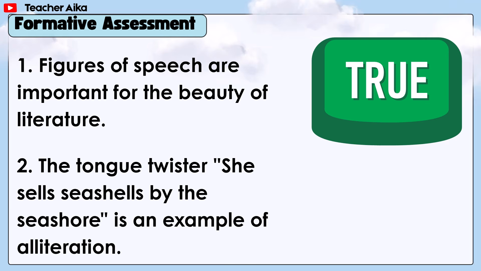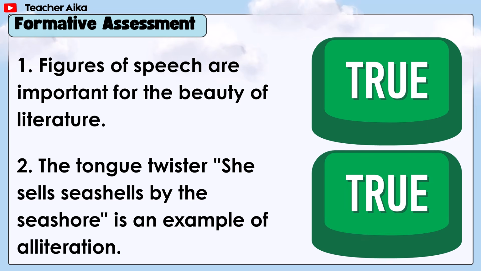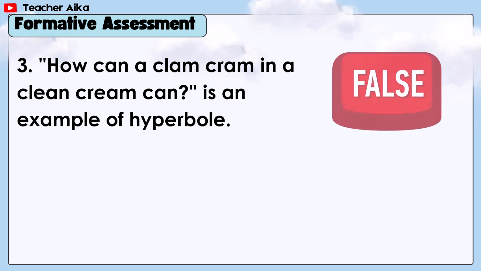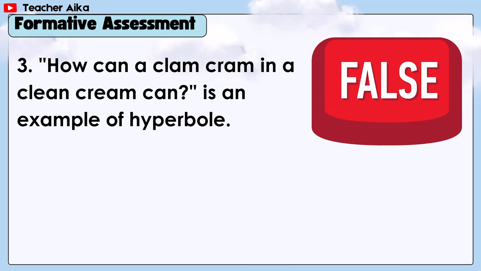The tongue twister, "She sells seashells by the seashore," is an example of alliteration. Answer. True. 3. How can a clam cram in a clean cream can is an example of hyperbole. Answer. False.